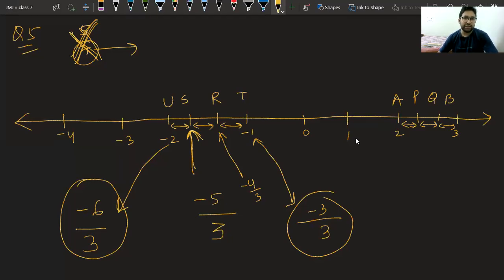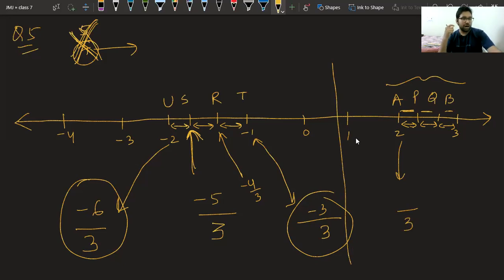Now, similarly, class, what can we say about here? What is denominator of these numbers? Again, same 3 only because there are 3 divisions. So 3 will come in the denominator. Tell me how you will get 2 by 6/3.